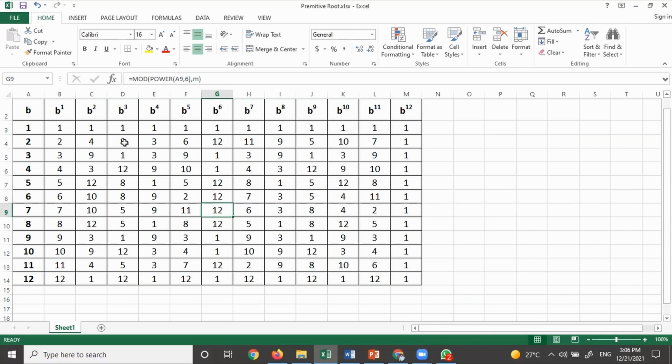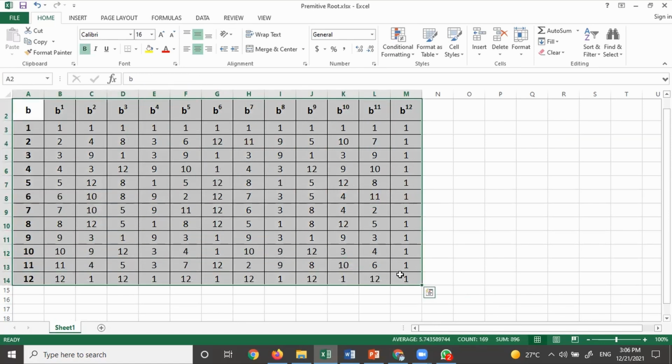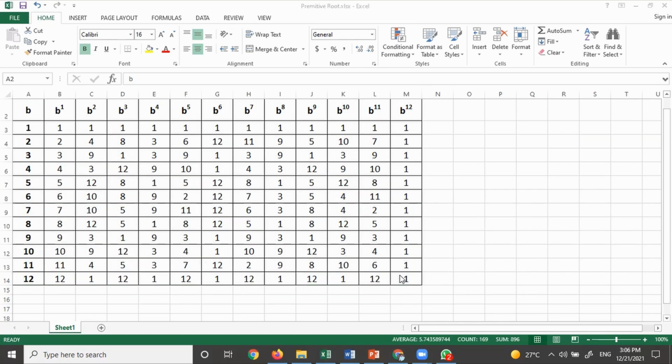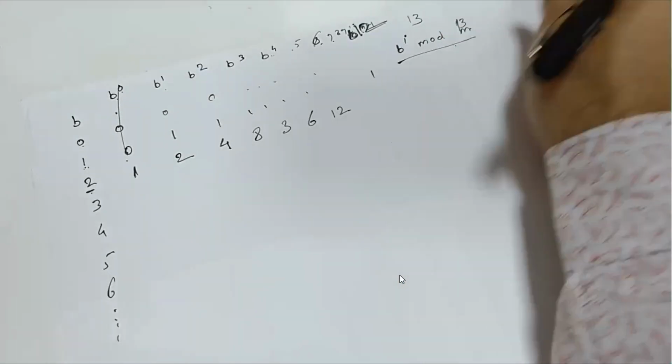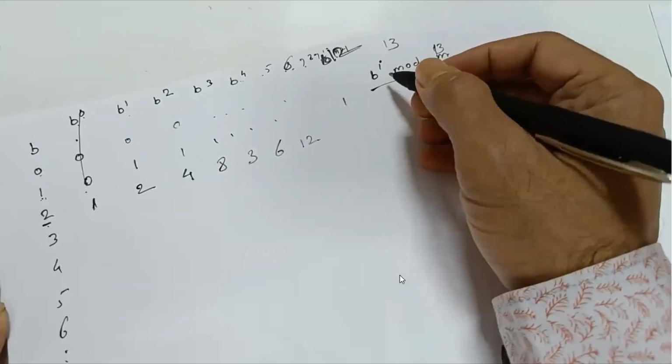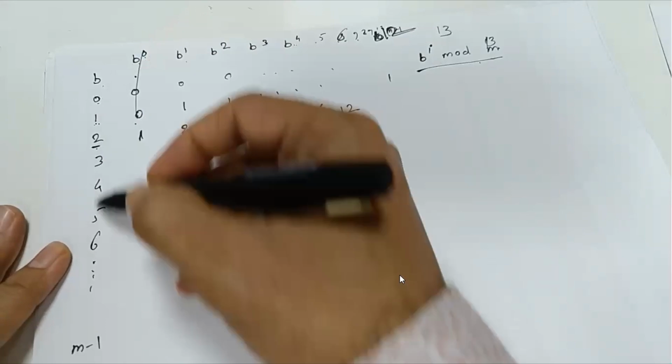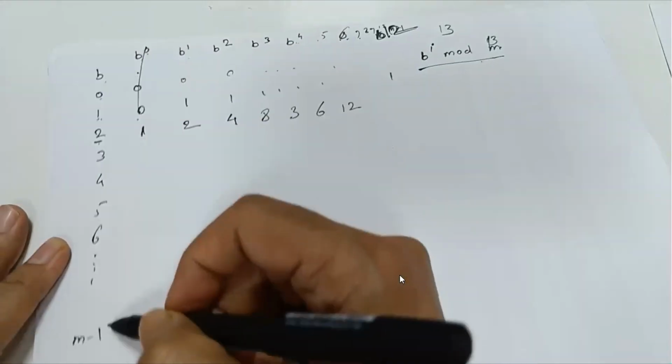Right. So what you'll have to do for finding out the primitive root is get this table going. Here, the B values are the row values from 1 to m minus 1.